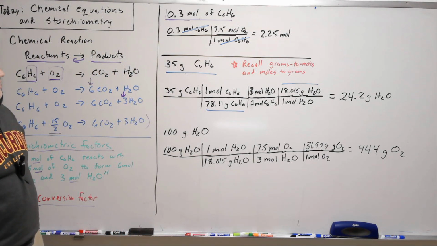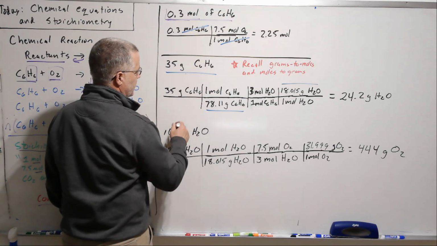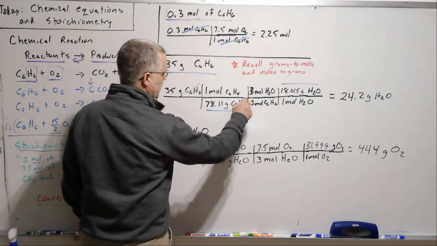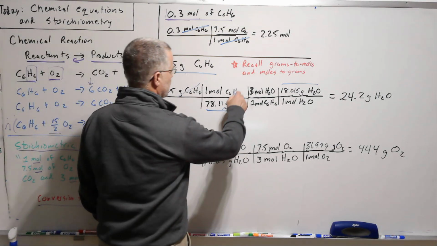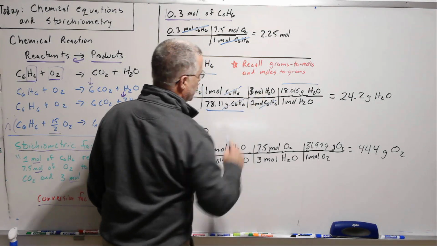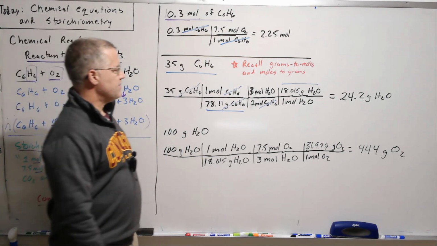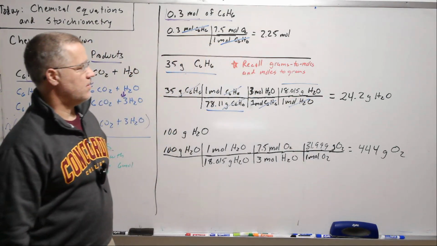All right, so I've looked up the molecular weights of water and benzene. And so here we have it. So we just go again through a series of conversions. So we have 35 grams of benzene. Well, there's 78 grams of benzene in every mole. Then there's 1 mole of benzene for 3 moles of water. So there's our chemical reaction as a conversion factor. And then 1 mole of water is 18 grams of water.